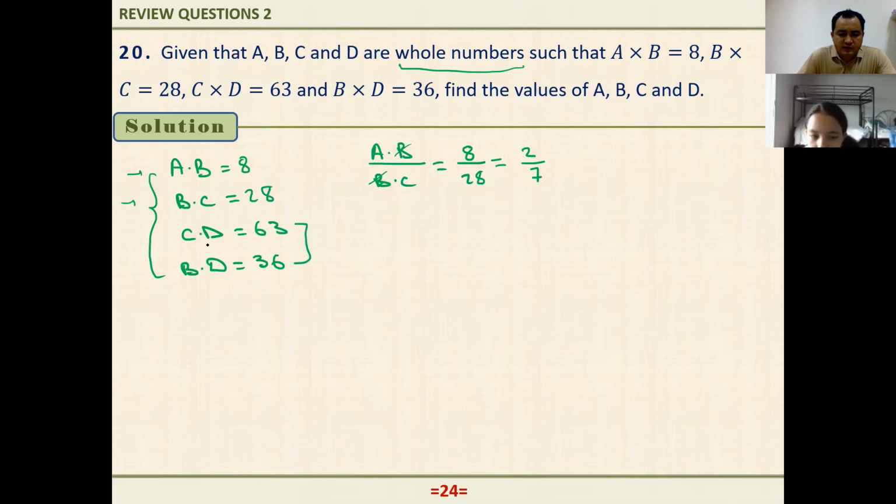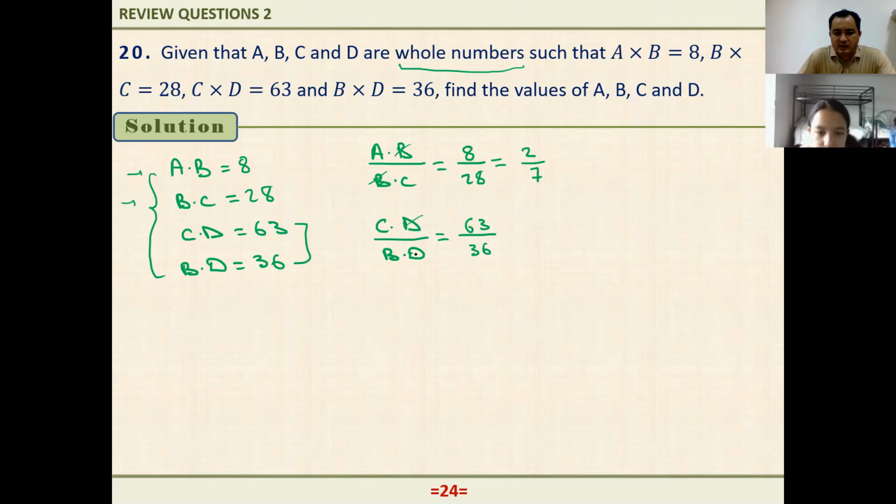How about if we just divide the third equation by the fourth equation? Here we have C times D over B times D. What do we have here, Shahina? Tell me, what should I write here? 63. How about here? 36. So immediately we should simplify this.